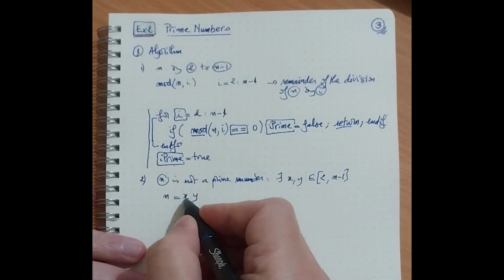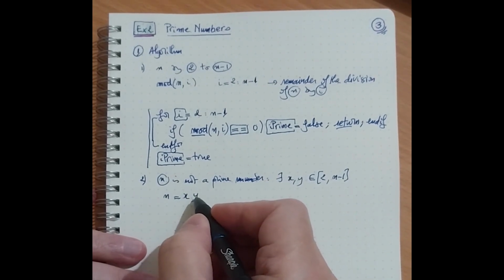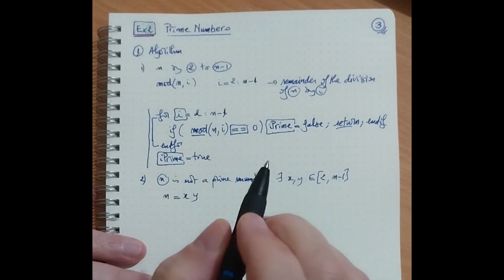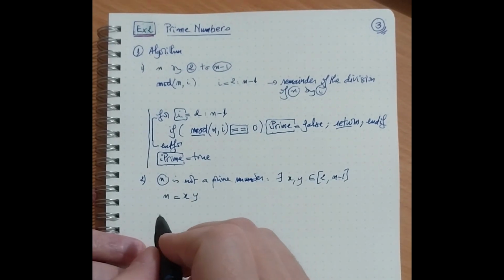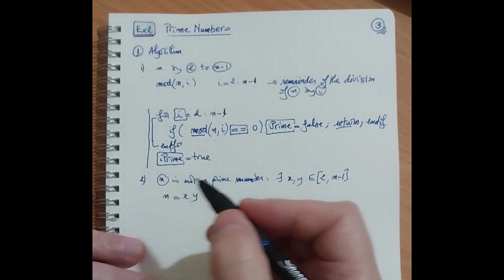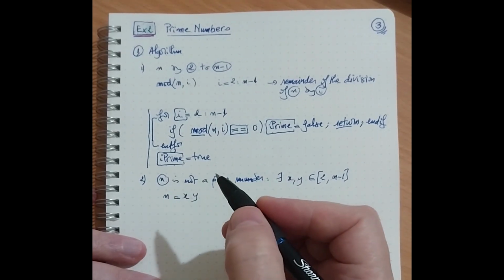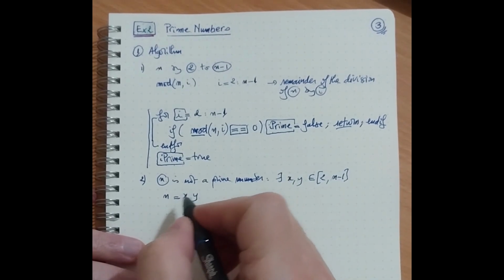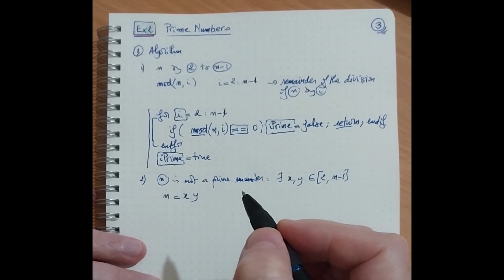This is the first divisor, and this is the second divisor. Prime numbers cannot be decomposed, and any other number can be decomposed into other integers.